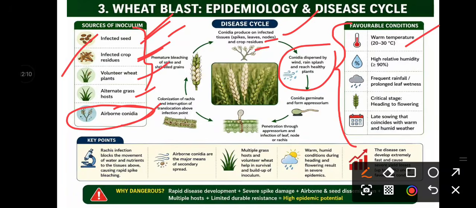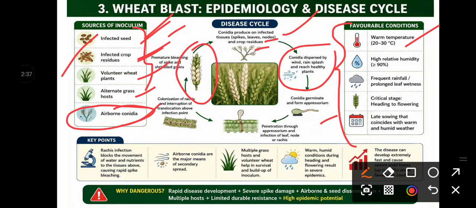Then conidia will germinate and produce appressorium. That appressorium helps in attachment as well as penetrating the leaf tissue. Then it infects the leaves, nodes, rachis, ultimately causing the premature bleaching of spikes, and that ultimately leads to shriveled, lightweight grains.